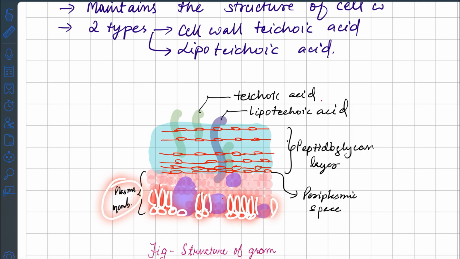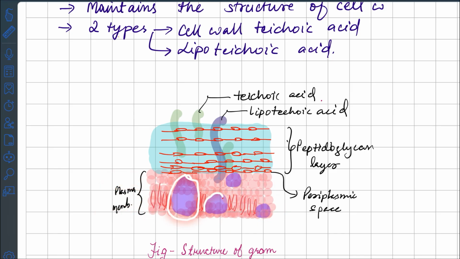These are all the phospholipids, and the purple colors which I'm indicating here are proteins. The intrinsic protein and extrinsic protein, you must have heard of them. These are the intrinsic proteins, which invade into the plasma membrane. Now above it is the periplasmic space, and if we go above the periplasmic space, you'll see the peptidoglycan layer.